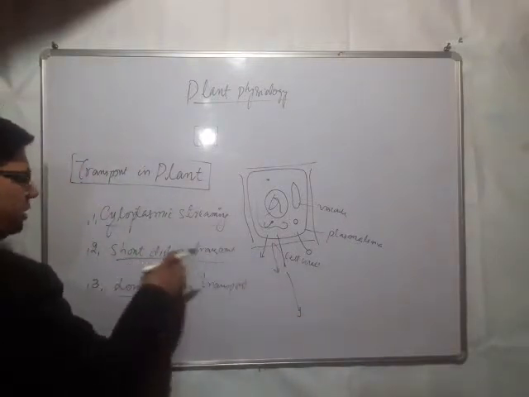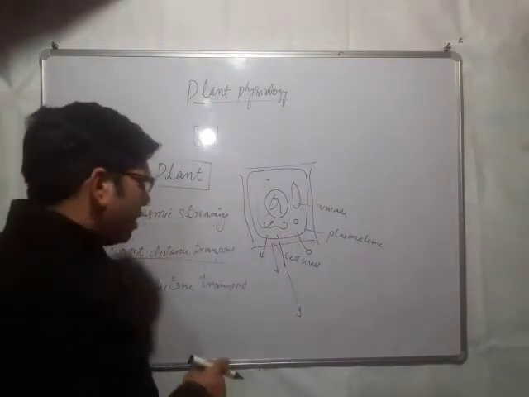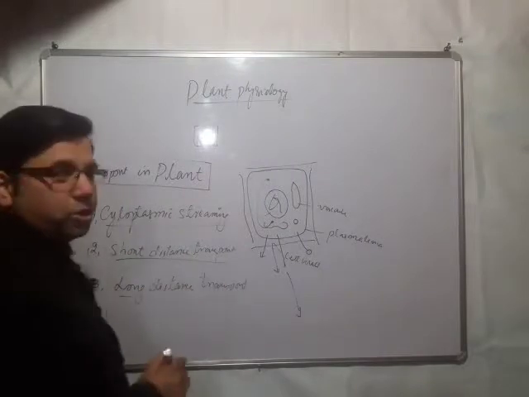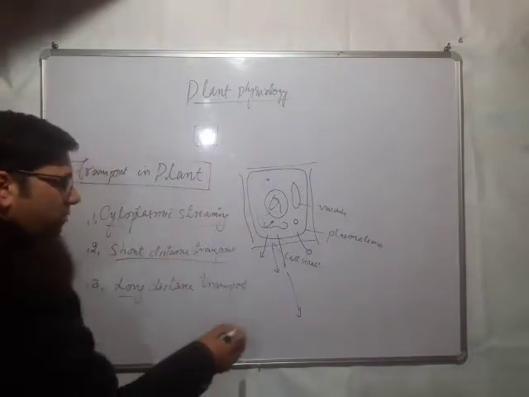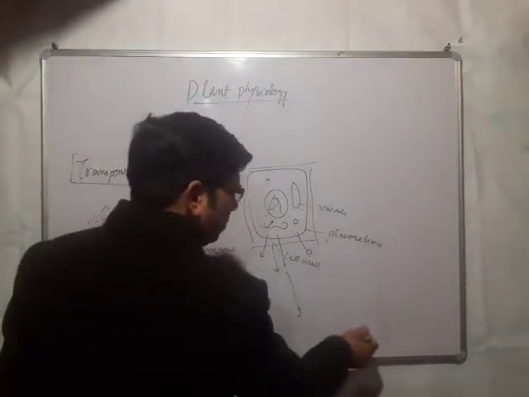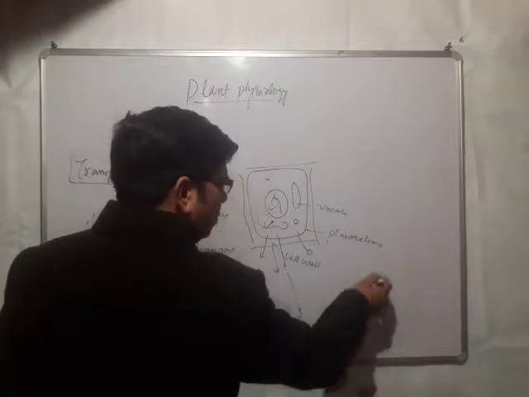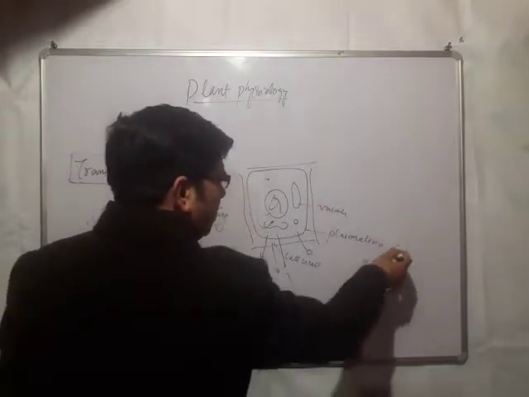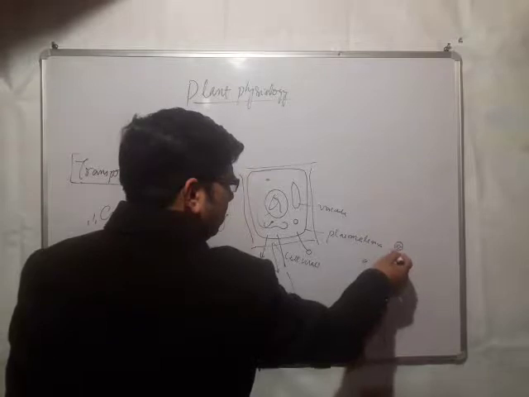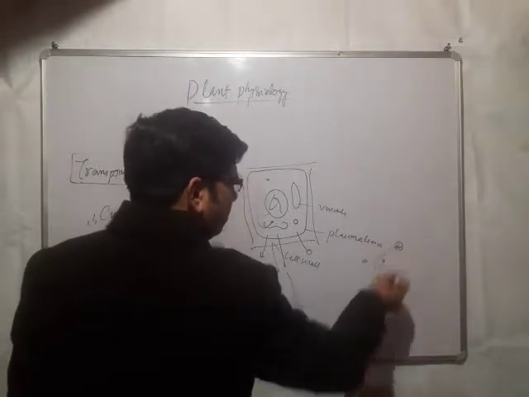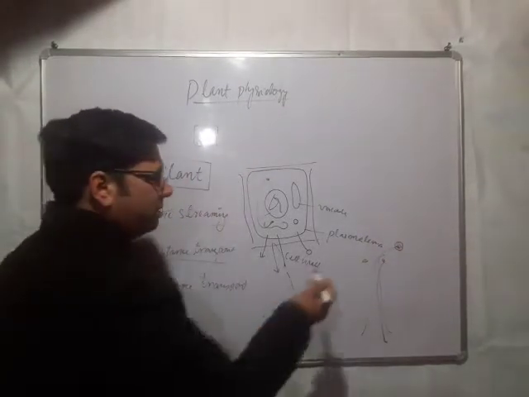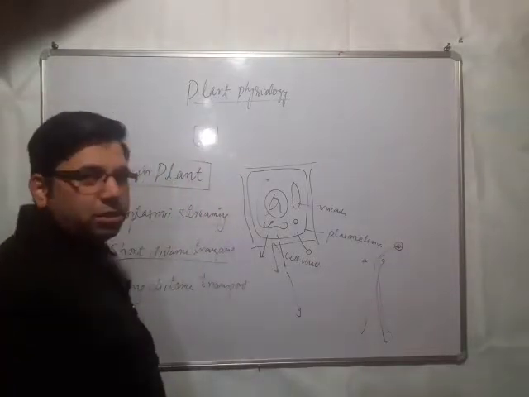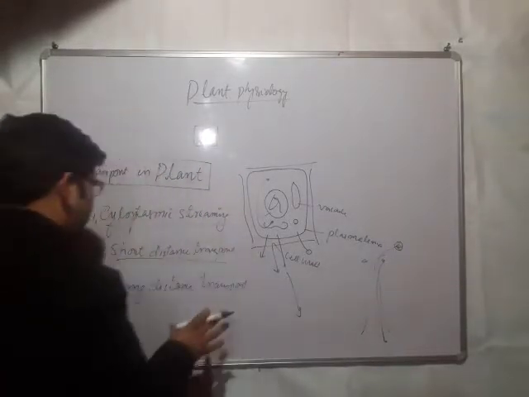This is short distance transport. Then we have long distance transport. For example, the xylem transports water from roots up to various parts of the plant. Likewise, the phloem transports solutes from leaves to different parts of the plant. So basically we have three categories.